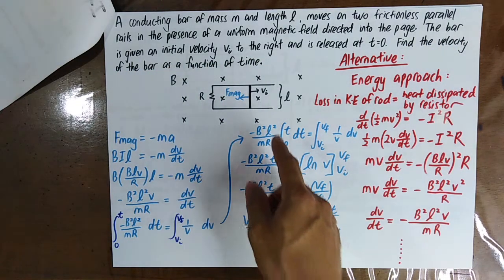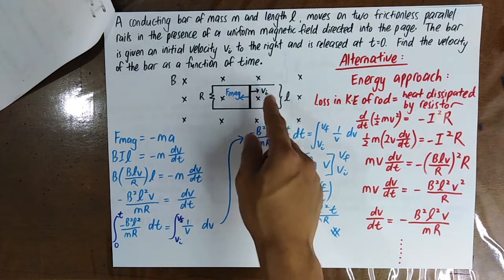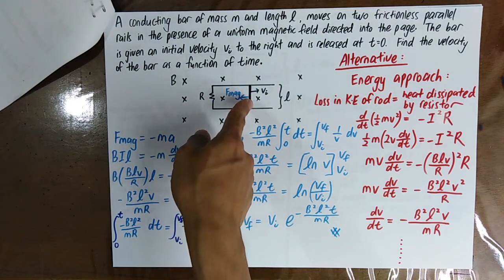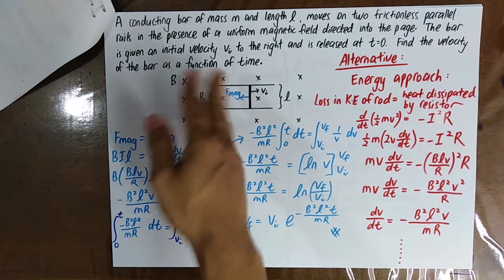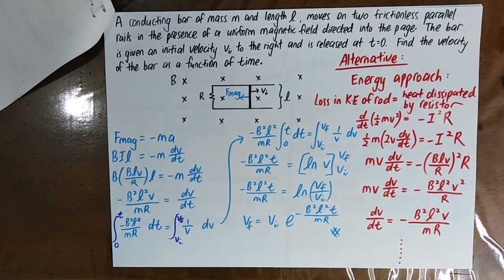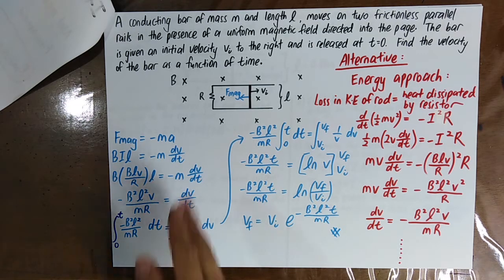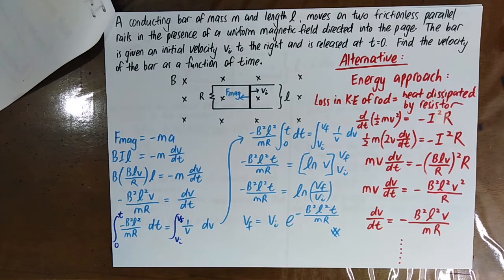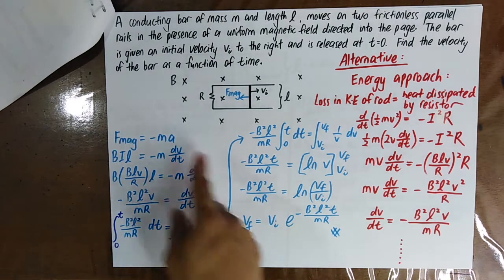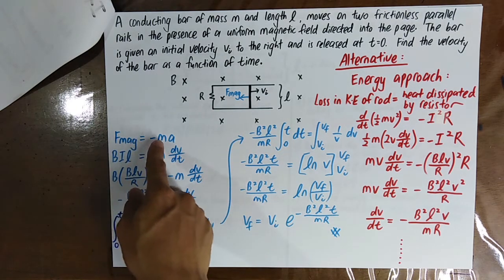When you give the conducting bar a certain velocity, you don't provide your mechanical force anymore. So the velocity must decrease. That means that the rod cannot simply move forever. So you use this expression: the magnetic force equals negative ma.